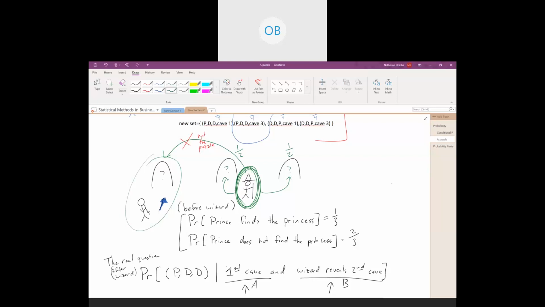So that means the second and third caves are half and half. There are 2 caves. It sounds easy when you say it, but I always think about 3 caves. That's why I was always thinking 3 caves.